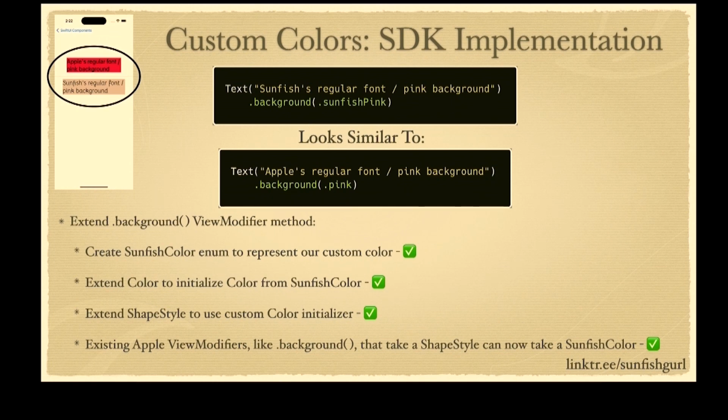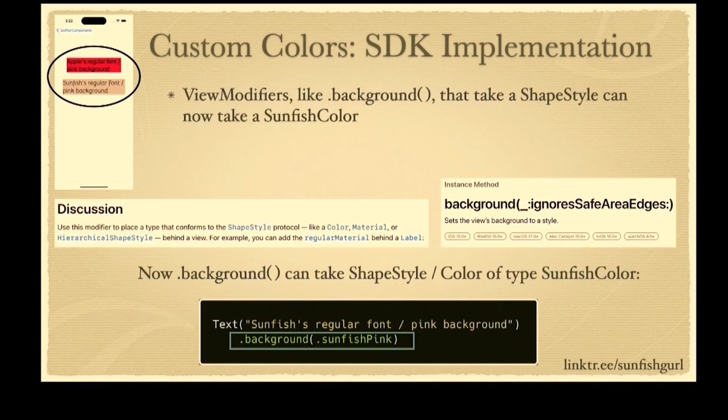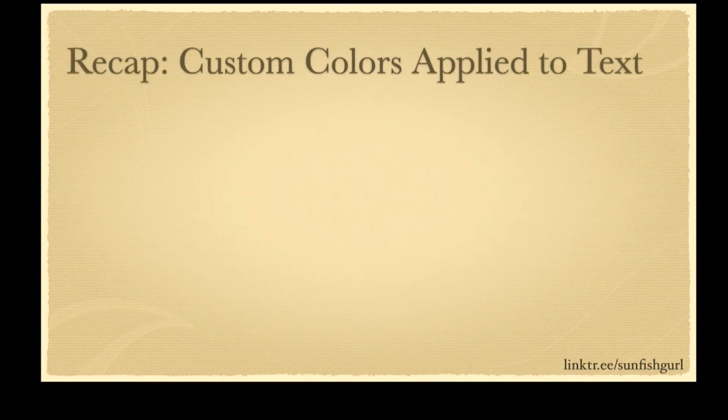And therefore, existing Apple view modifiers like background that take a shape style can now take a sunfish color. So you can see background there is now taking in a sunfish color.